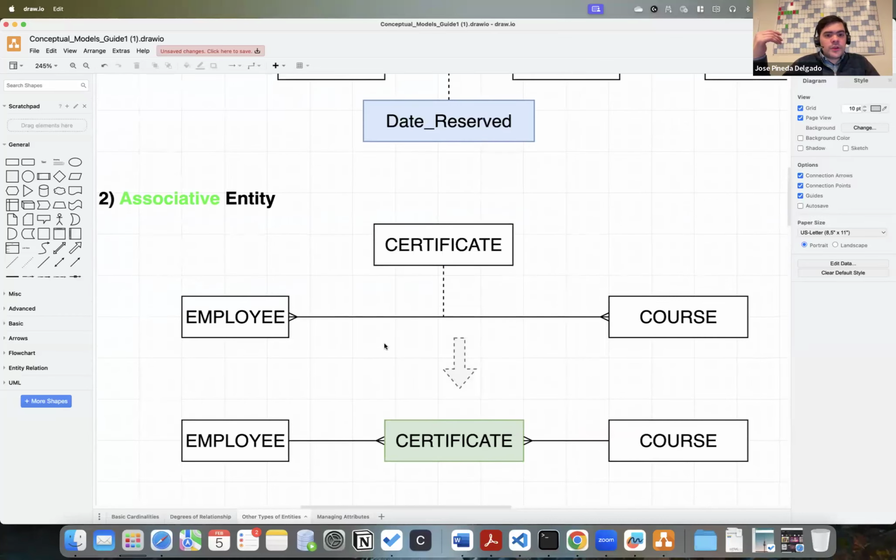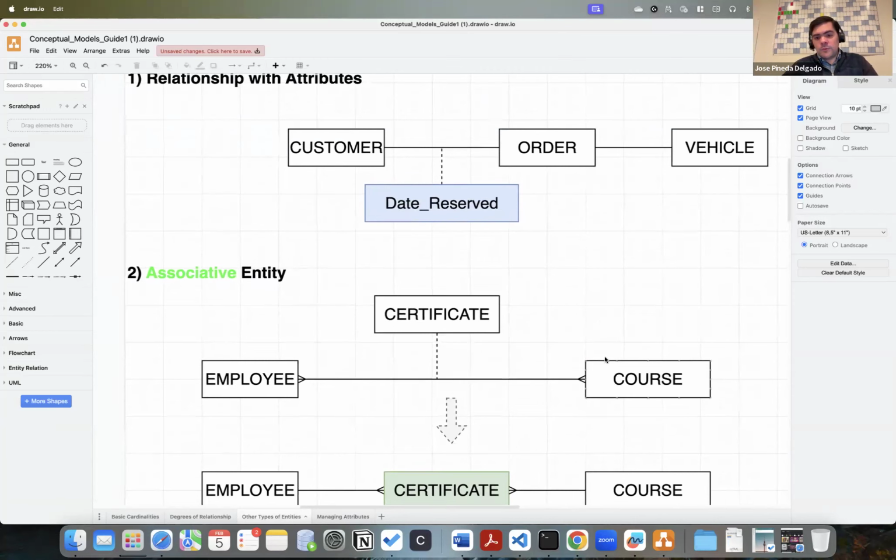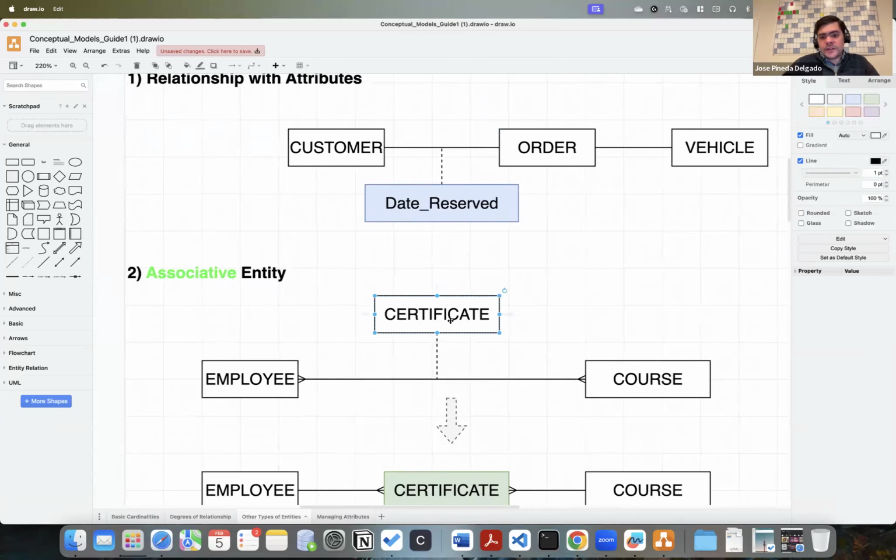If we want to look at, in this case, employees completing one or multiple courses and getting certifications for them, and courses being offered to one or multiple employees and assigning certifications for those, well, we could add the certificate ID as an attribute for the relationship. But if we wanted further information, like when it happened, what the topic is, what the GPA is, now we have a list of related attributes.